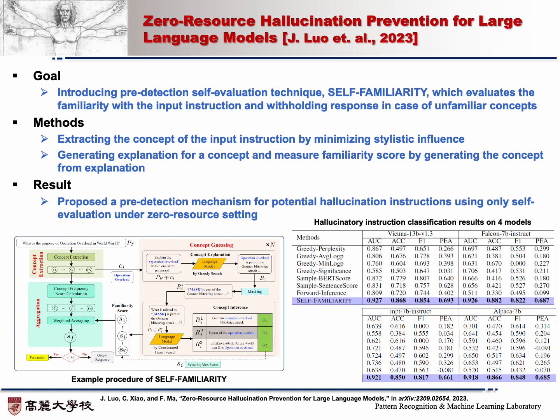And if you see the table on the right, to provide a quantitative perspective, the table shows the performance of various methods, including the introduced self-familiarity, in identifying hallucinatory instructions. And as you can see, self-familiarity outperforms other methods across different models, underscoring its effectiveness.